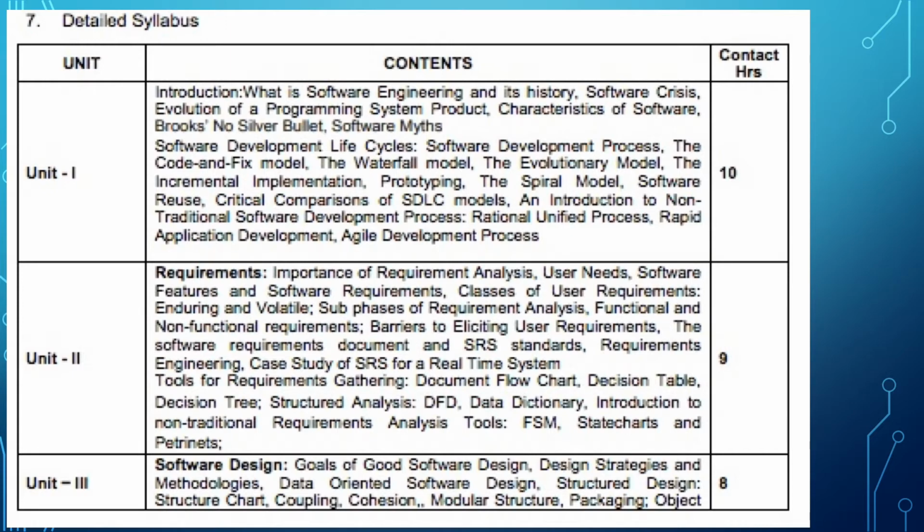These are all divided into phases, and each phase comes one by one, and overall it is called a life cycle or development model. Later on you will get to know it. So these are the models: code and fix model, waterfall model, evolutionary model, and at last we will study the comparisons among the models.